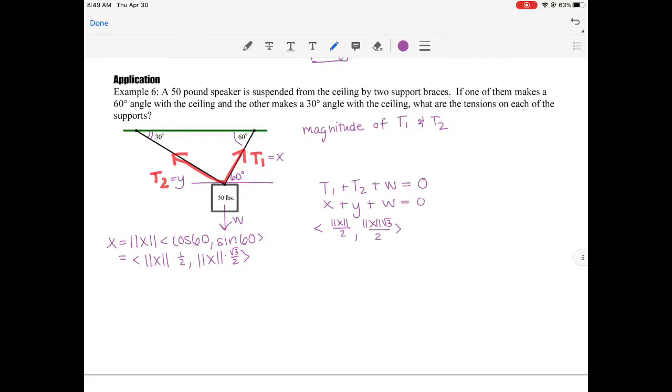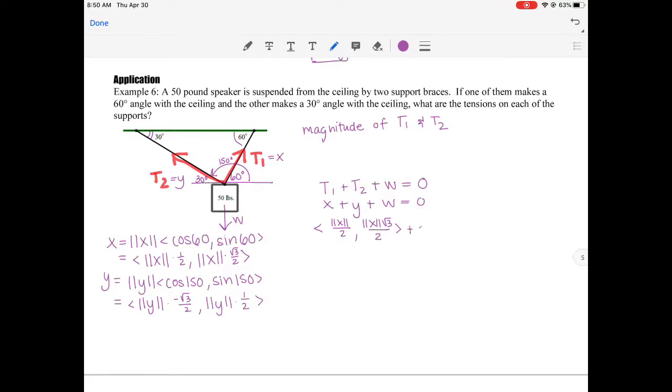Okay. Our vector y, similarly, we could do the magnitude of y, but this time, be careful, this is 30 degrees down here, but since that's with the negative x-axis, we're really going a total of 150. So this is going to be cosine of 150, sine of 150. So if we distribute it through, we'd get the magnitude of y. Cosine of 150 now is negative square root of 3 over 2. Magnitude of y times sine of 150 is a half.